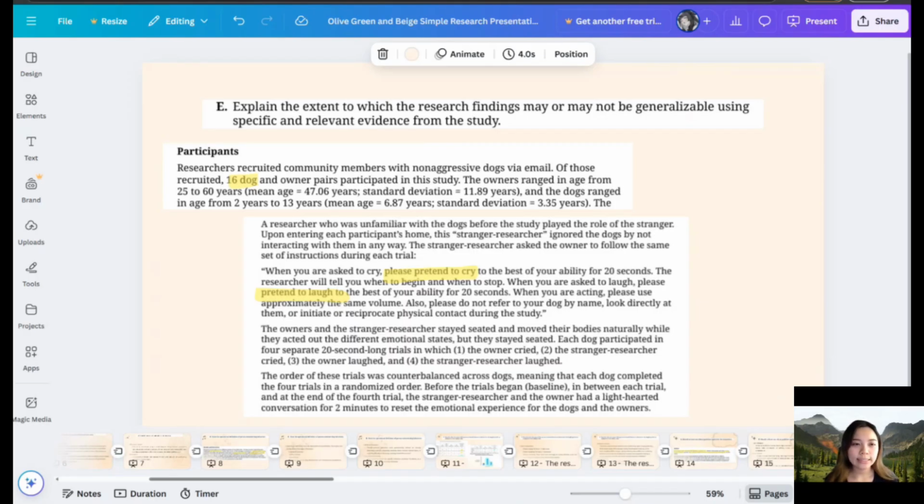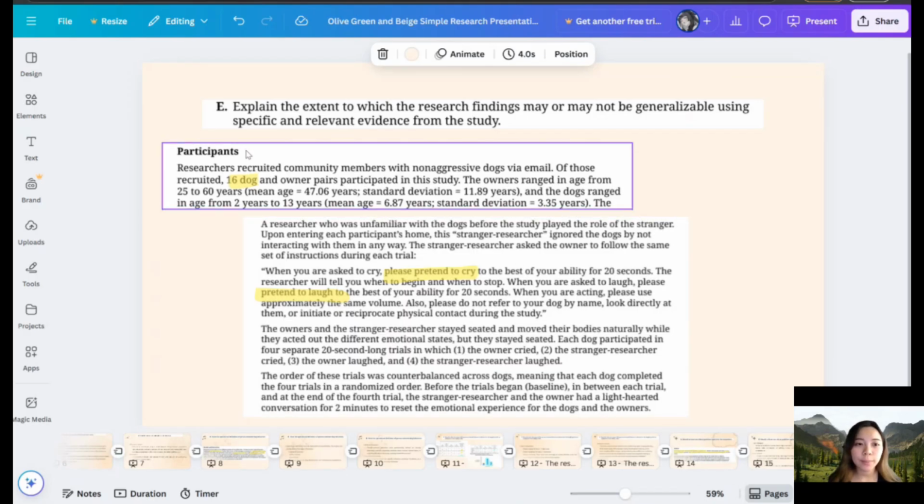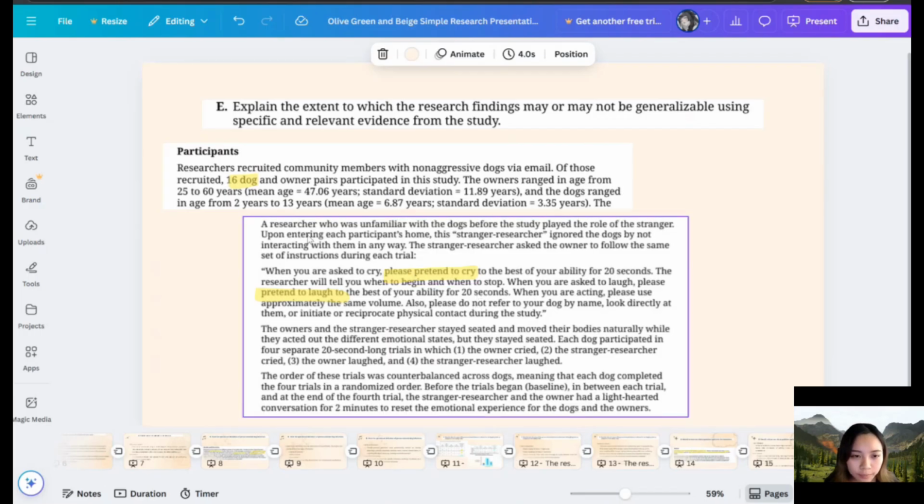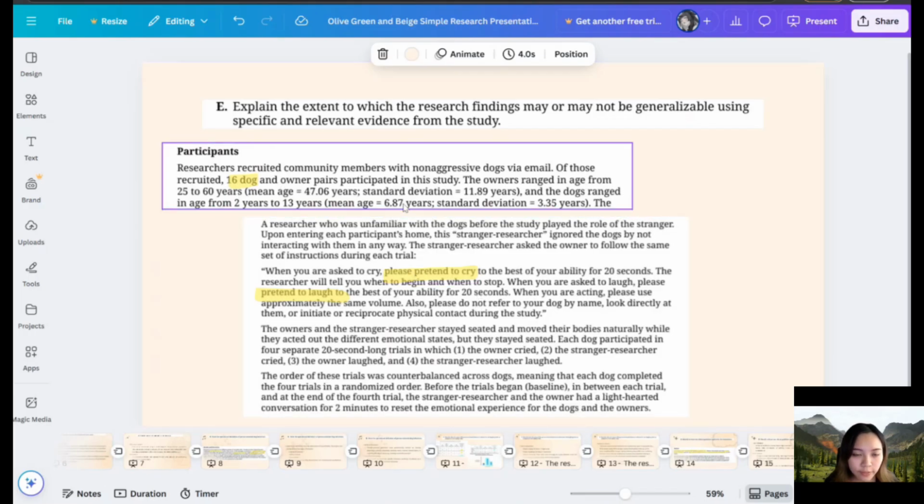So let's go back and review the participants. They said that their sample size is only 16 dogs, and even though they said they have different breeds of dogs, they didn't really specify what jobs those dogs are doing.